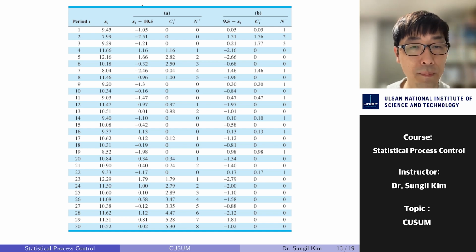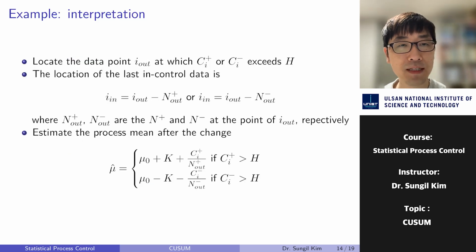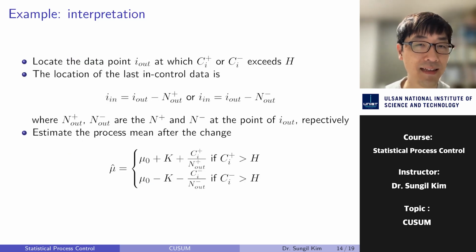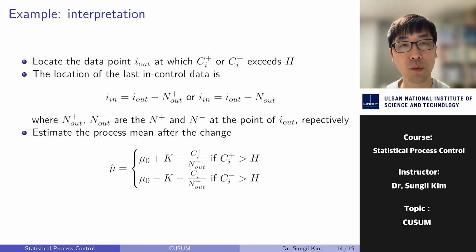At the 8th period, n plus equals 5, which means C plus has been non-zero for 5 consecutive periods. From the result, we can find the index where the chart gives a signal if either upper QSUM statistic or lower QSUM statistic is greater than H.